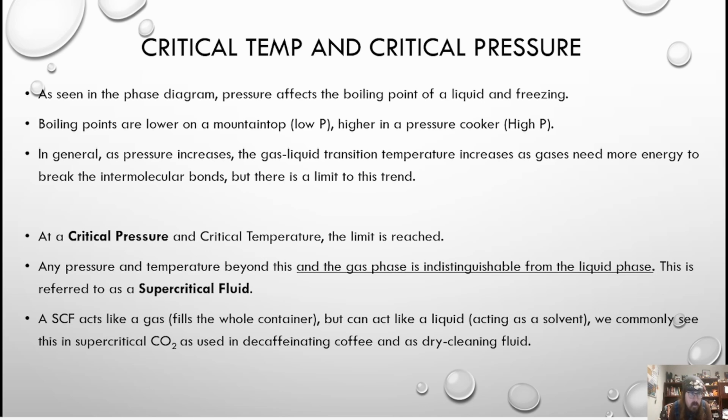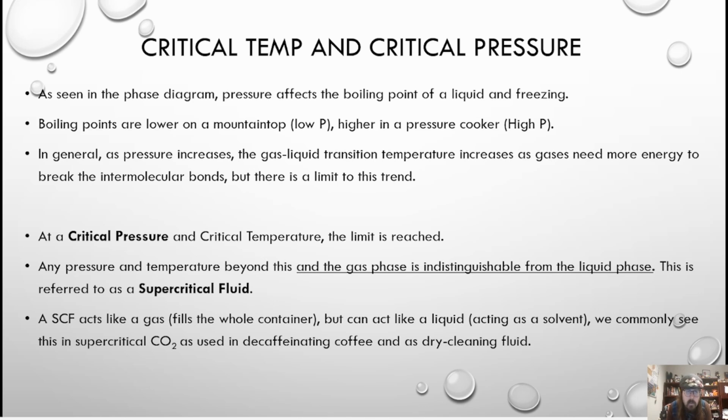So once pressure gets so high that gases essentially become indistinguishable from a liquid, we form a special state of matter called a supercritical fluid. So it's above the critical point, a supercritical fluid.